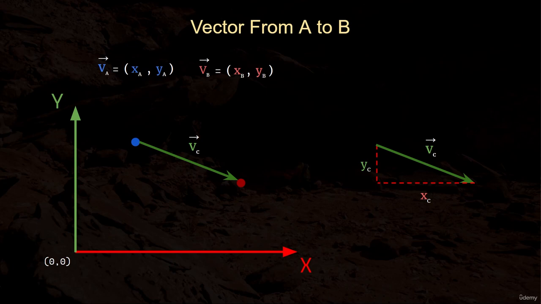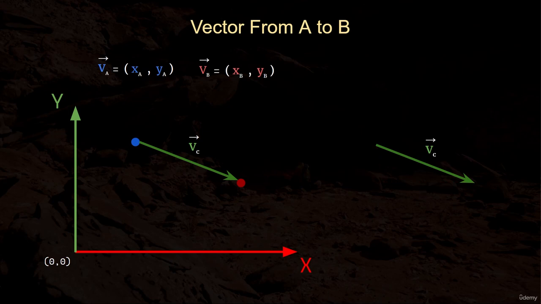And YC, the y component of this vector, is the distance in the y direction from the tail of VC to the head of VC. And these distances are represented by these red dotted lines here. So if we want to calculate these, we can easily do so, provided that we have the information we need, which is the components x and y of both VA and VB.